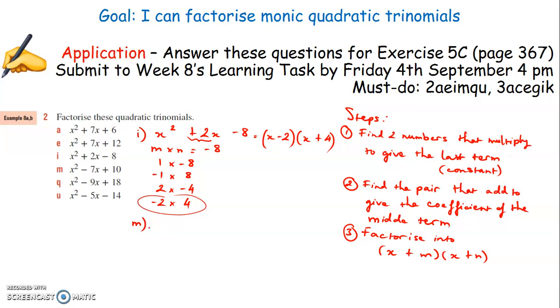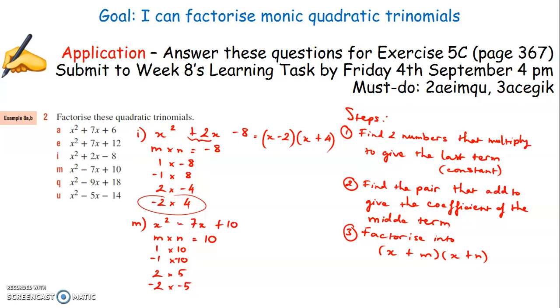Next is m. For m, we have x squared minus 7x plus 10. Two numbers that multiply together to give us 10. This is positive, so we can have either positive 1 times positive 10 or negative 1 times negative 10, or positive 2 times positive 5 or negative 2 times negative 5.